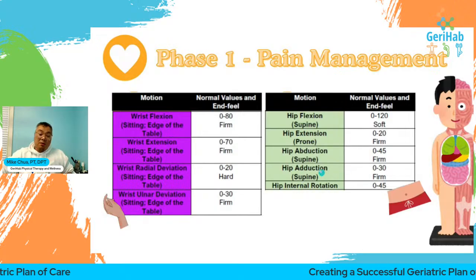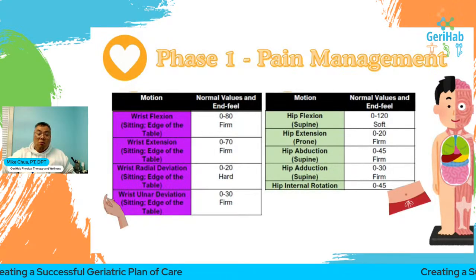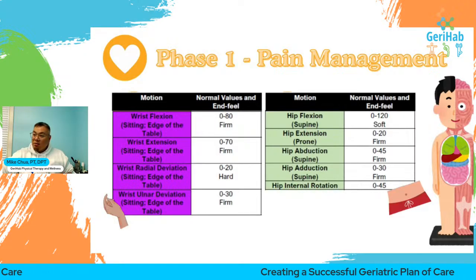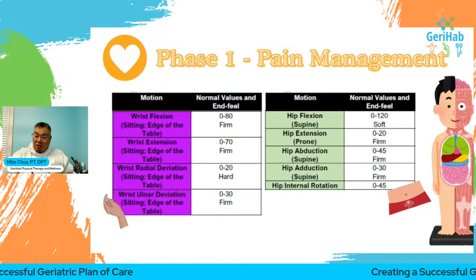Well, most of our patients, their end feels on this hip range of motion testing will be empty. Most of them are shouting when we test them. They have straight leg raising, especially hip extension in prone, especially when you flex that knee, it stretches the quads very well, and it hurts them.